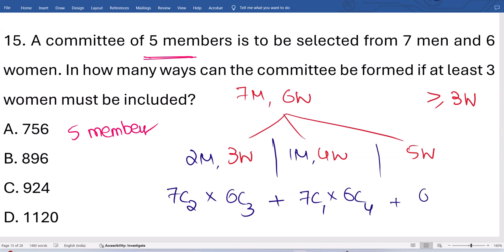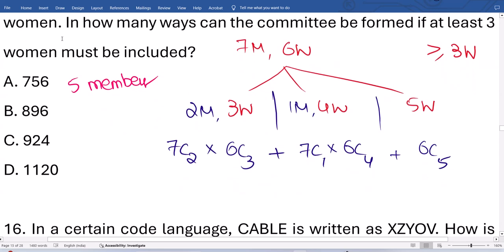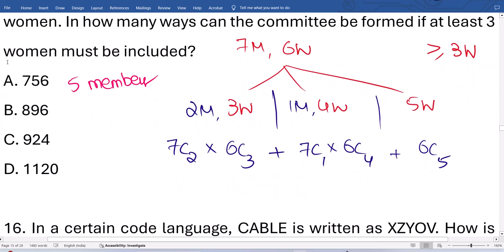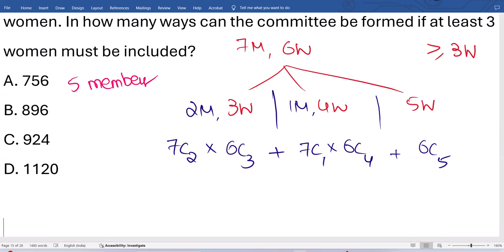Or all 5 from women. Now, 7C2, I already gave you the trick. nC2 means n into n minus 1 divided by 2. 7C2 is 21. 6C3 is 6 into 5 into 4 divided by 3 factorial, which is 20. Here itself 420 we got.